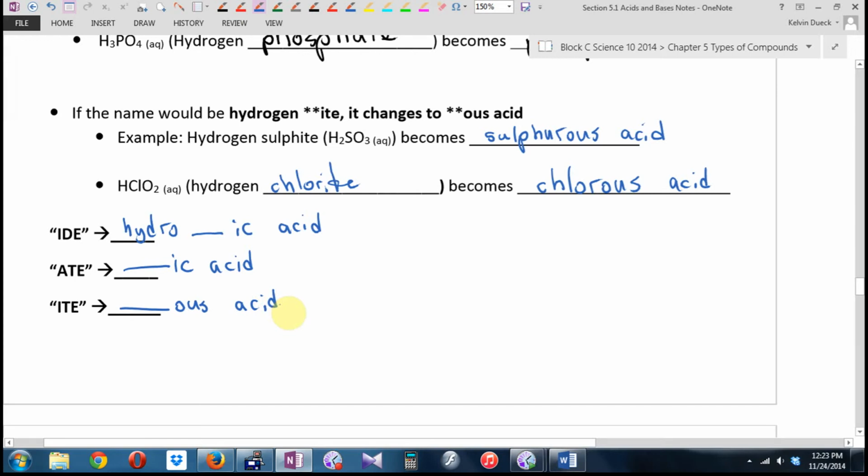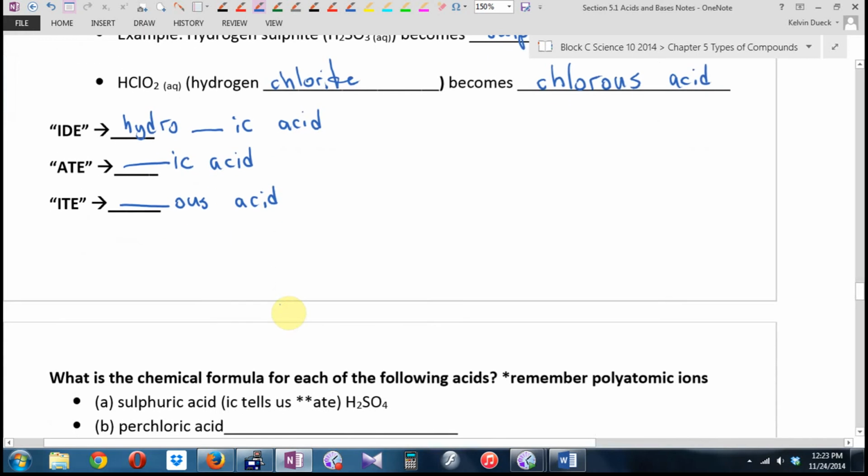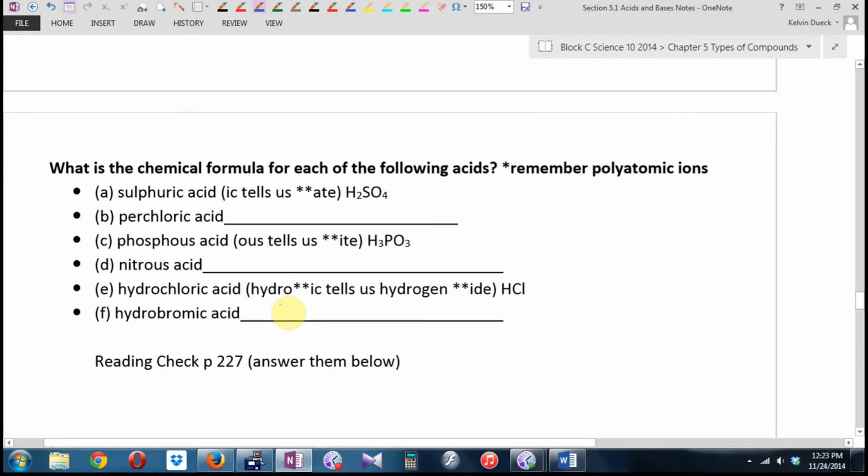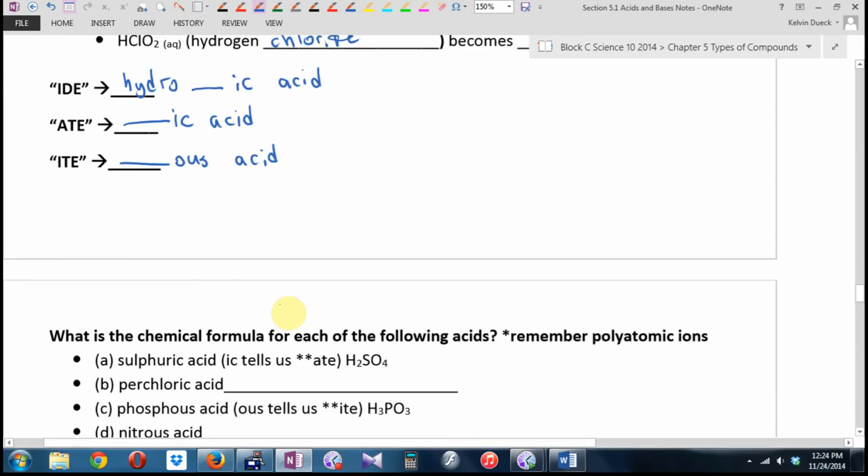Ugh. So, with your pink sheet out, let's see if we can get the chemical formula. Ide and ate become ic, one with a hydro, one without. Ite becomes us.